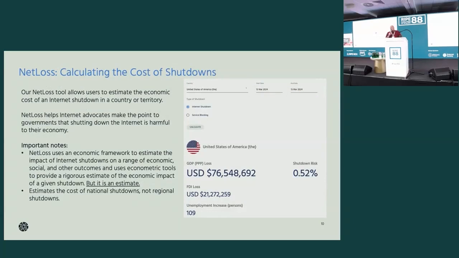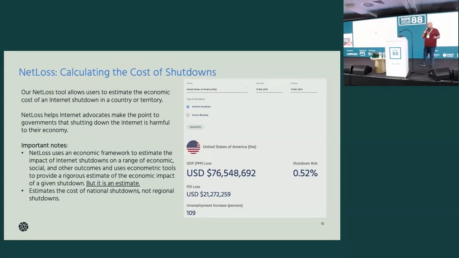Now, to make the data more relevant to the decision makers, we looked at the economic impact of these shutdowns, of all these artificial internet limitation incidents. And we developed the net loss calculator, which anyone can use.